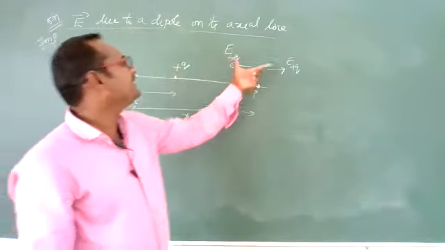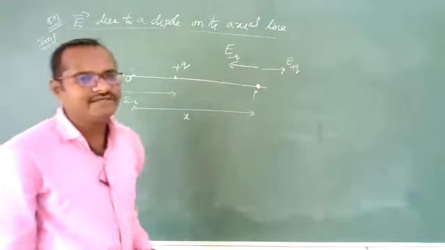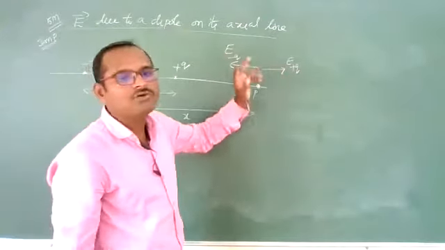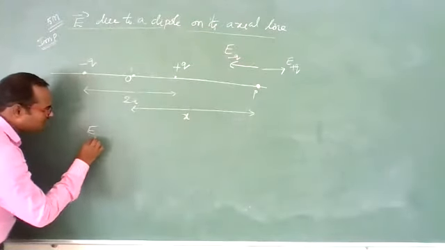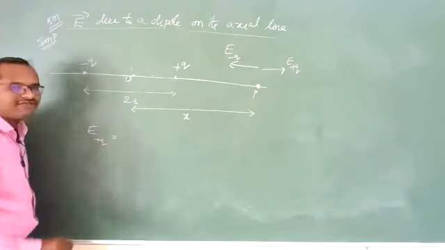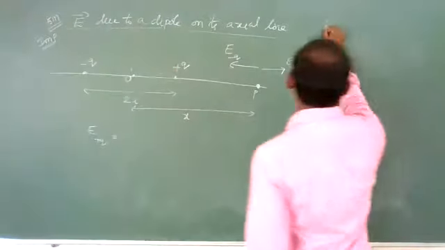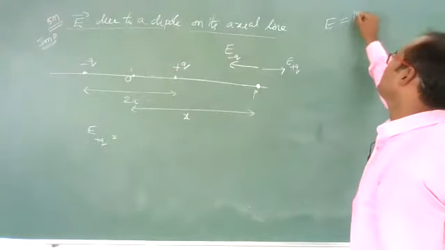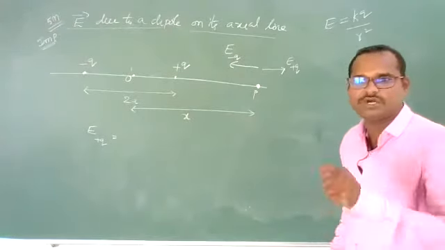Yes. Now, find the net electric field due to these two and you will get the answer. Before finding, let us see which value is more. The electric field due to a charge Q at a distance R is KQ by R square.